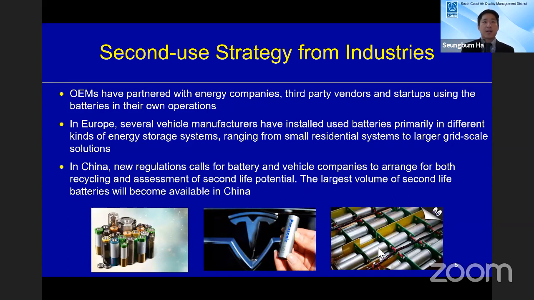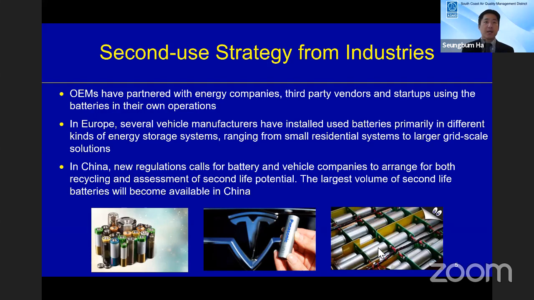When batteries are removed from the electric vehicle after their first life, they are likely to retain significant capacity, typically 75 to 80% of their original capacity. As we look at the current status, reuse of batteries is in an early phase right now, but retired batteries are coming more and more.